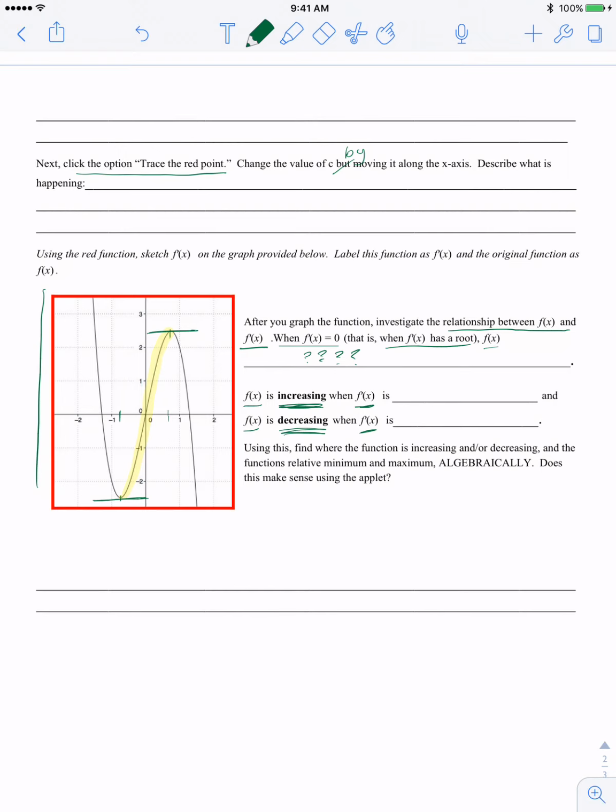And also, the red point was above the x-axis between this interval. That's because the slopes of these tangent lines are all positive on this interval. So when f of x is increasing, your derivative is positive.